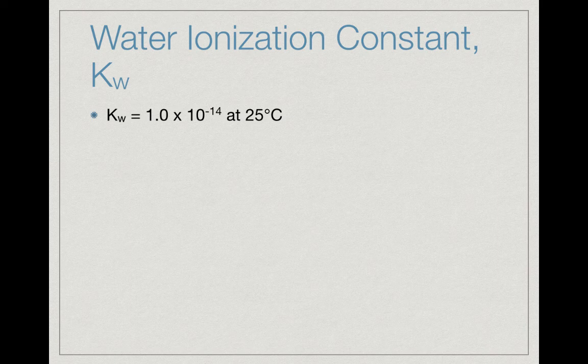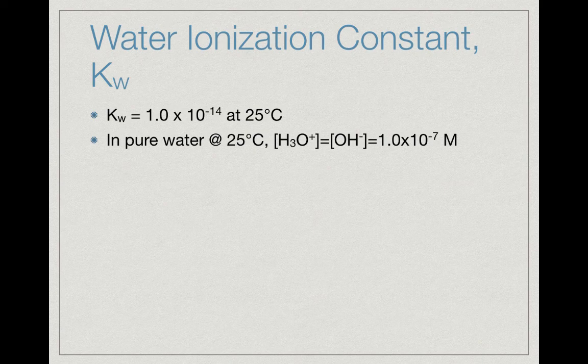If you're not given the temperature, you can assume that a solution is at 25 degrees Celsius, and you're going to have a Kw of 1 times 10 to the minus 14. But the book and sometimes the homework problems will throw a different temperature at you, and you'll have a different Kw, because equilibrium constant values do change with temperature, and Kw is no exception.